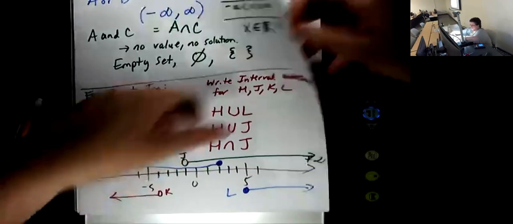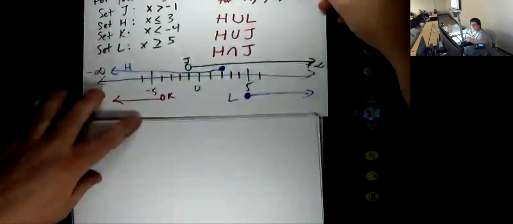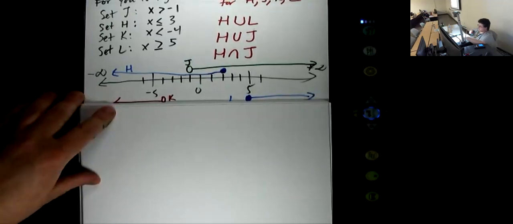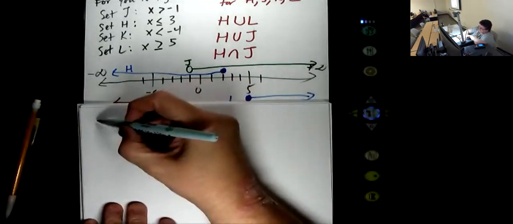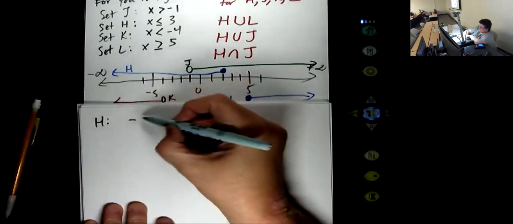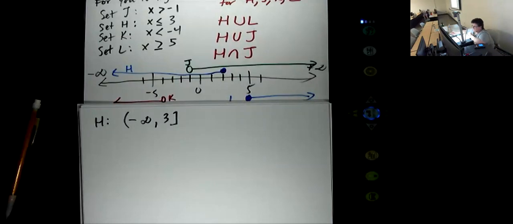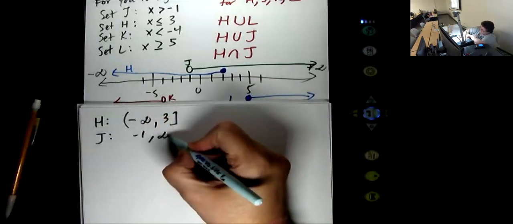All right, let's do this together. I drew the picture of the arrows real quick. So H starts at negative infinity and it ends at 3. 3 is included, but infinity never is. J starts at -1 and goes to infinity.